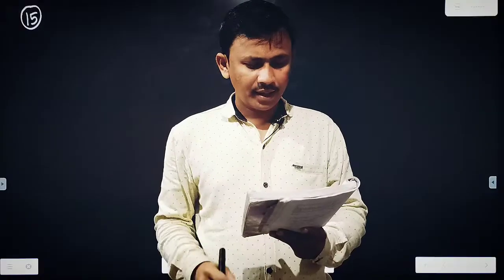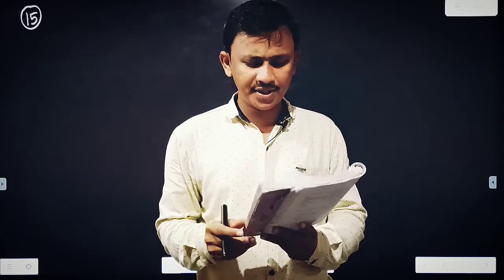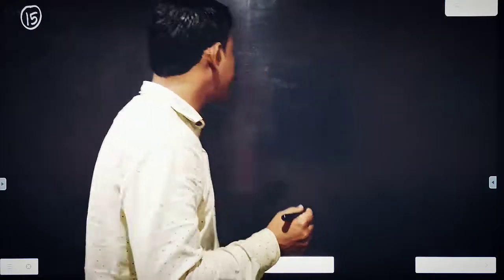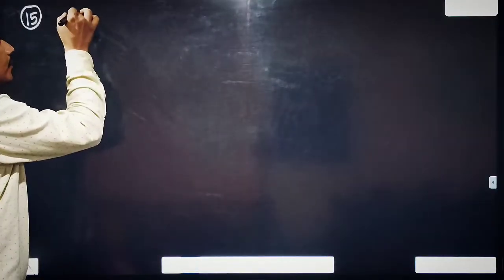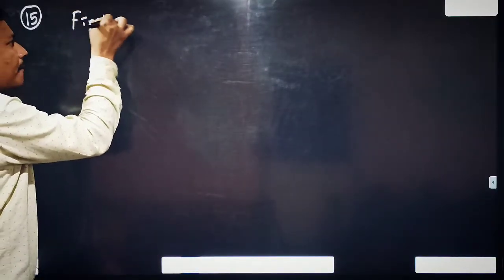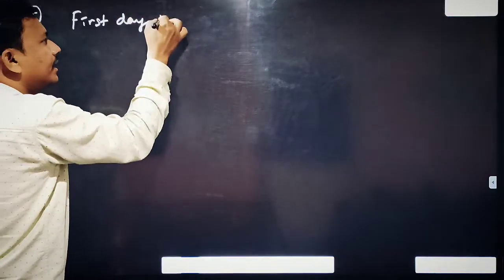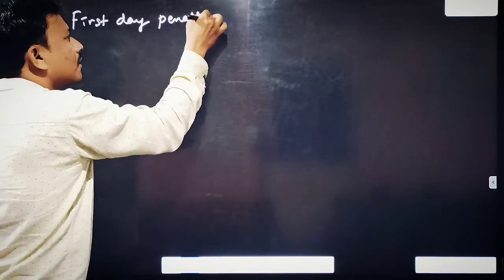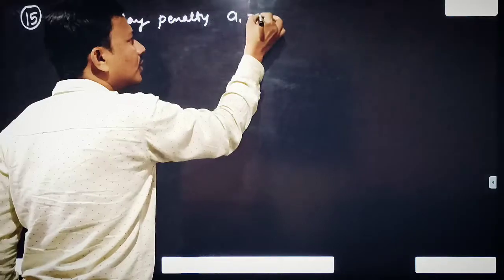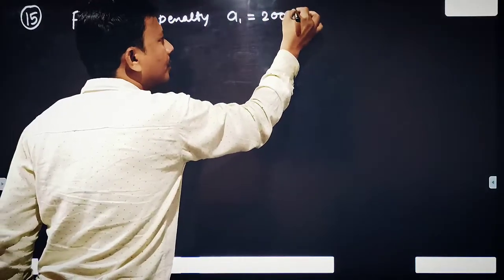15th question. A contract on a construction job specifies a penalty for delay of completion beyond a certain date as follows. 200 rupees for the first day. What is the first day penalty? A1 is equal to 200 rupees.